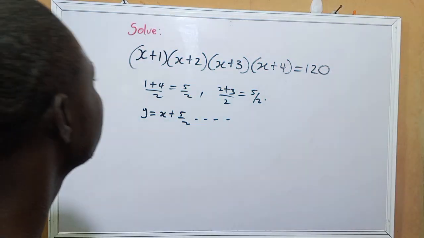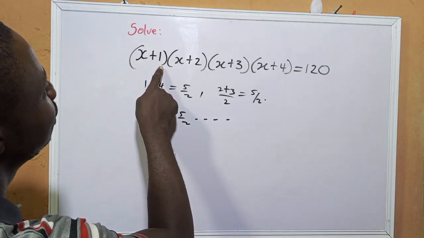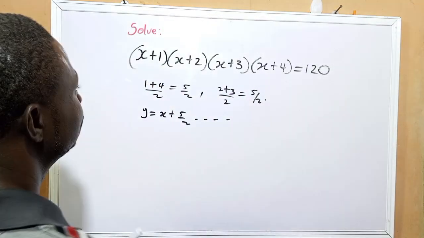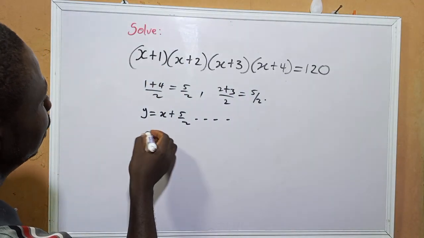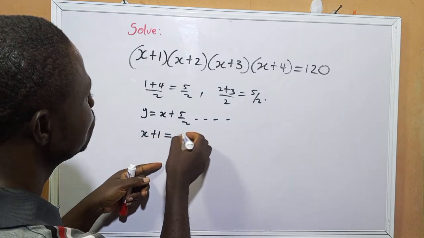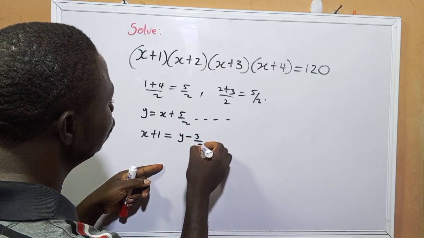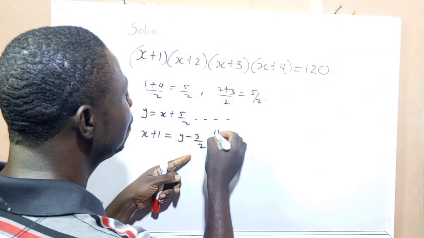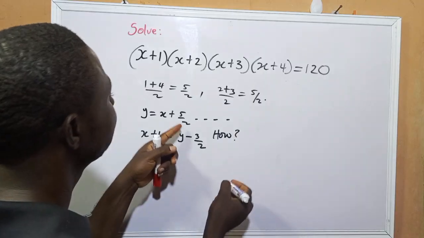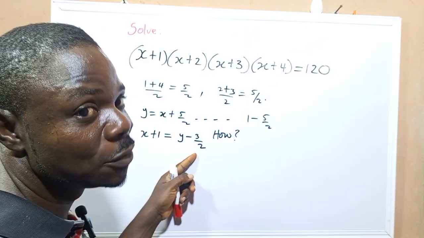Now let's move on. Remember, we said that the middle number is 5 over 2 and these are increasing by 1. So therefore we can say, x plus 1 is equal to what? y minus 3 over 2. How? 1 minus 5 over 2 will give you minus 3 over 2.